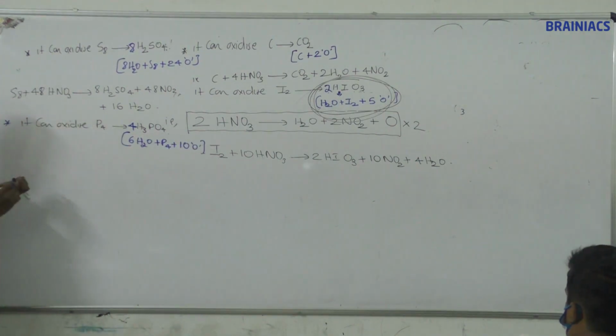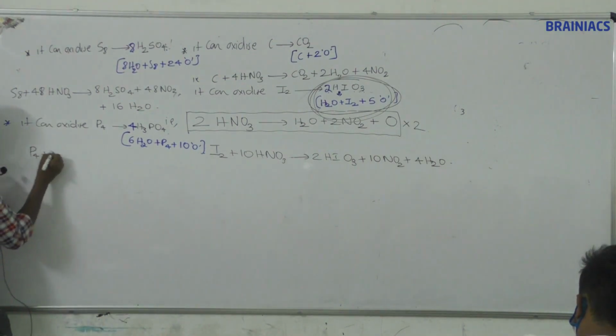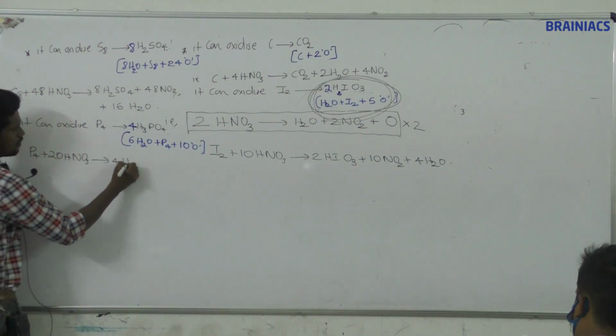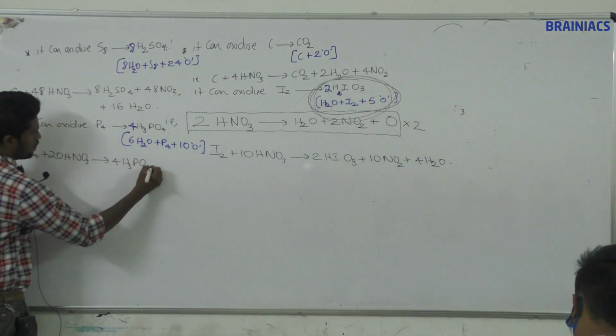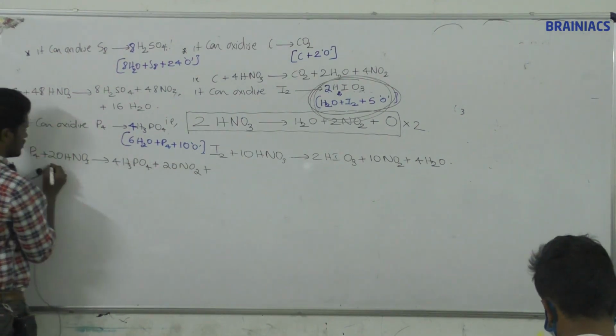So how many HNO3 is required? 20 HNO3. So that means P4 plus 20 HNO3 gives 4 H3PO4 plus 20 NO2.